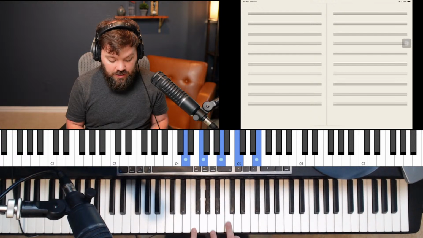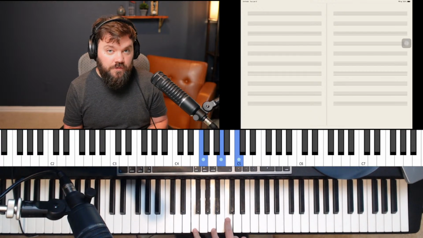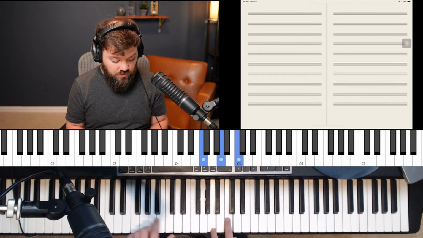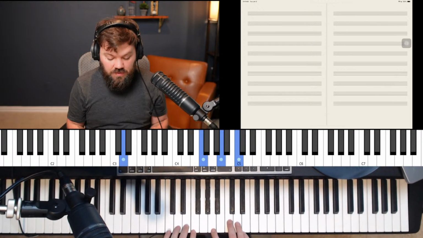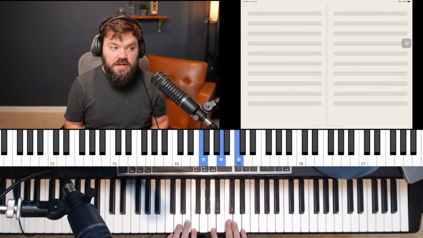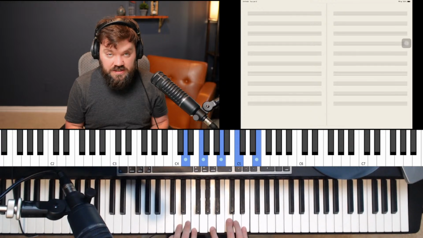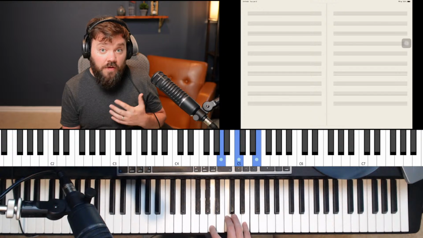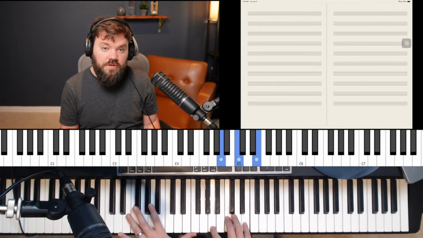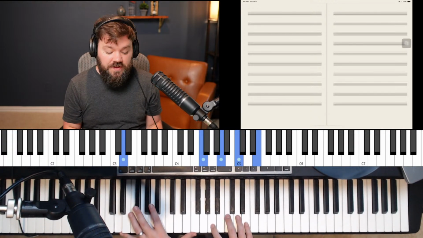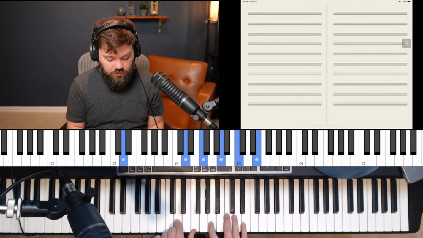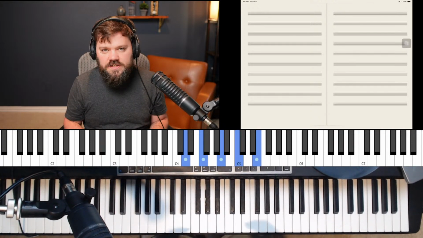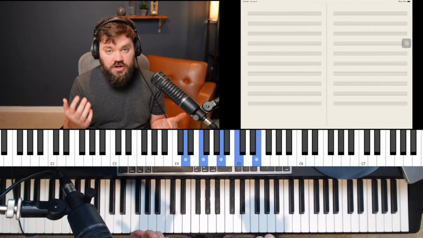Or I can also see an F major kind of nestled in the middle of the chord between the root and the 9th. I can see that F major chord. I can also see an A minor chord on the top, with the D and the F on the bottom.